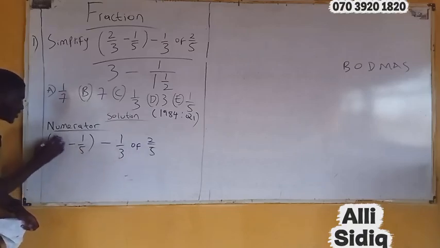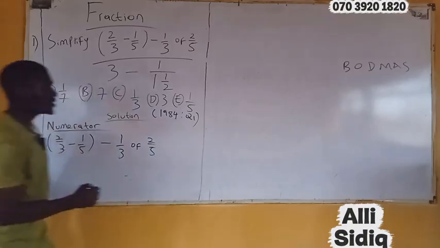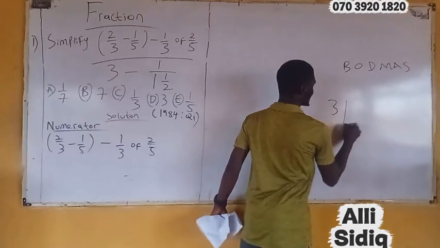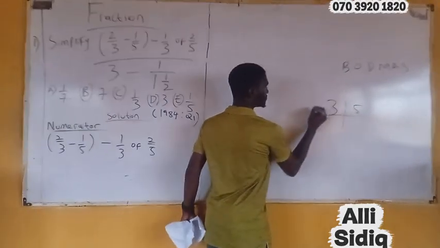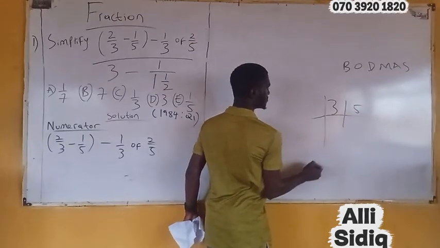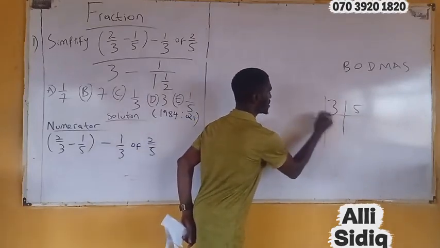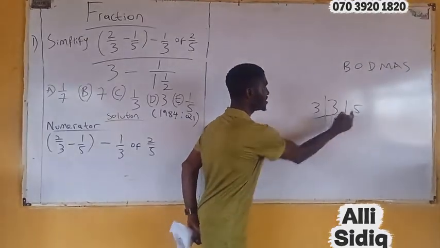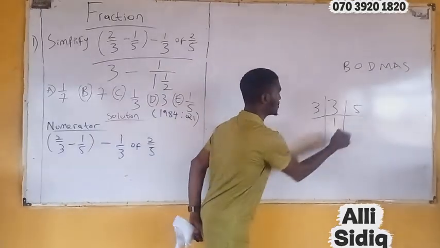So what do I have in this bracket? The LCM of 3 and 5 is what? Lowest common multiple. I'll bring out 3. 3 in 3, 1. 3 in 5, 3 cannot go in 5, so I'll still return my 5.